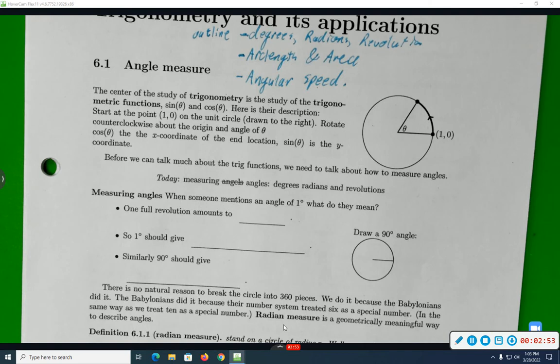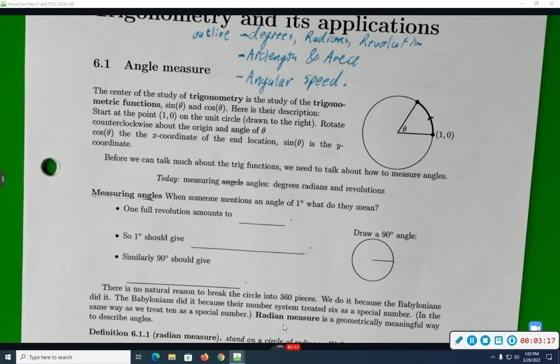And, well, let's start with something that you just already know. Let's talk about degree measure of an angle. So, you already know what, like, degree measure means in some sense. How big in degrees is an angle that goes all the way around the circle? 360. 360, yeah. And that's just a convention.